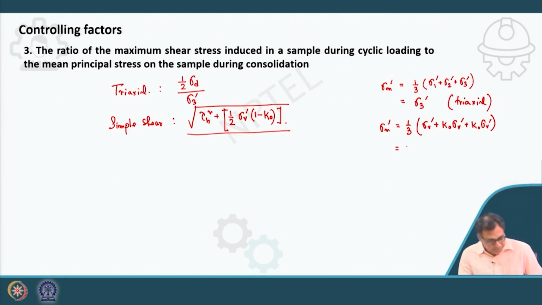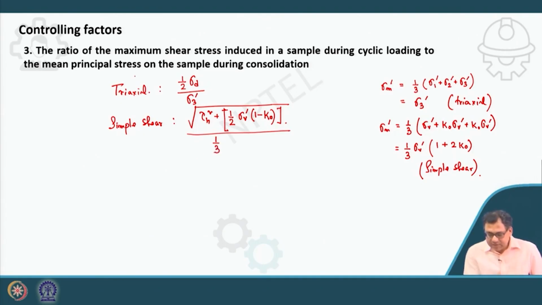So this will be 1/3 sigma v dash into (1 plus 2 k0). This is for simple shear. That means this is the mean principal stress, sigma v dash (1 plus 2 k0). So now we will equate them.